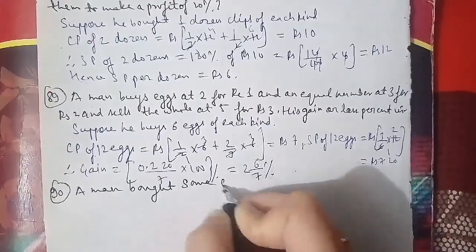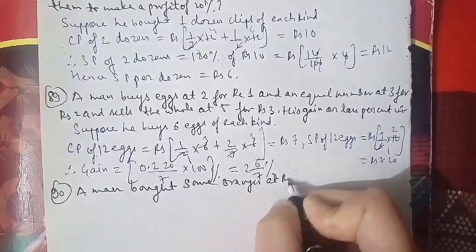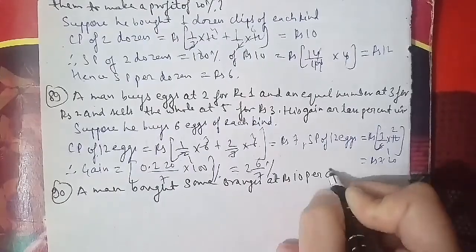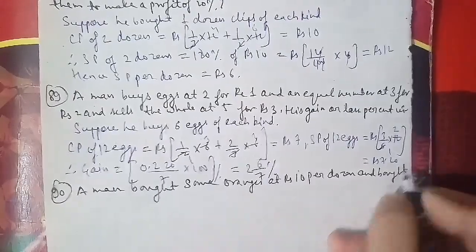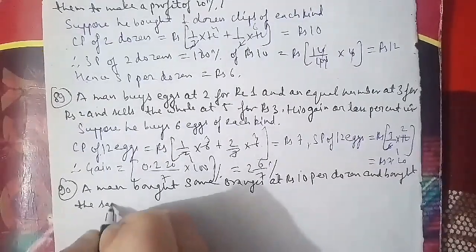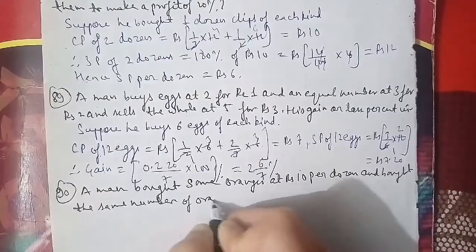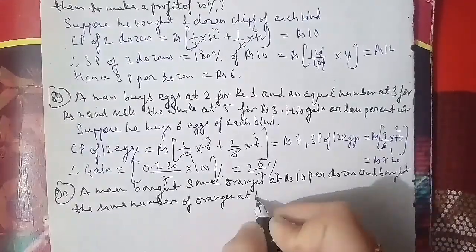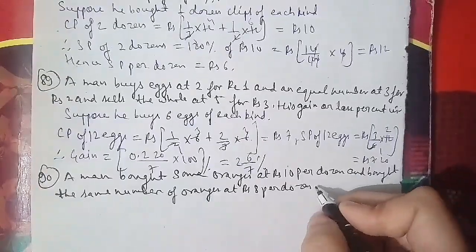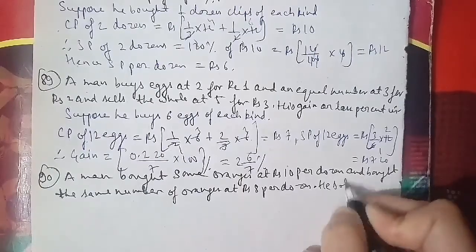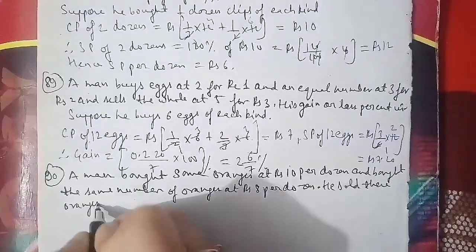He sold these oranges at rupees 11 per dozen and gained rupees 120.